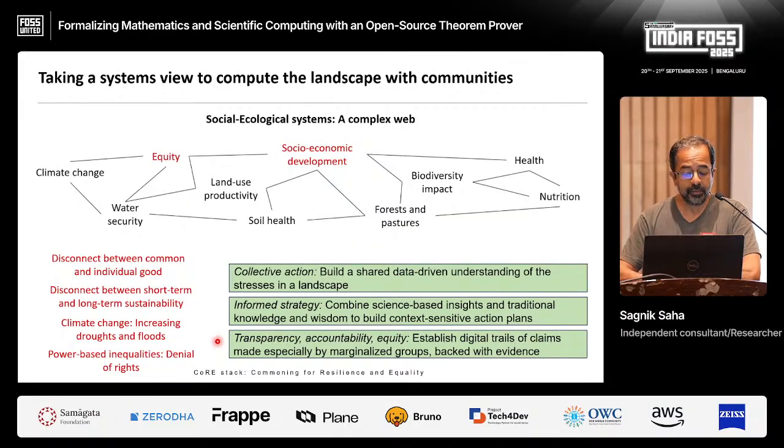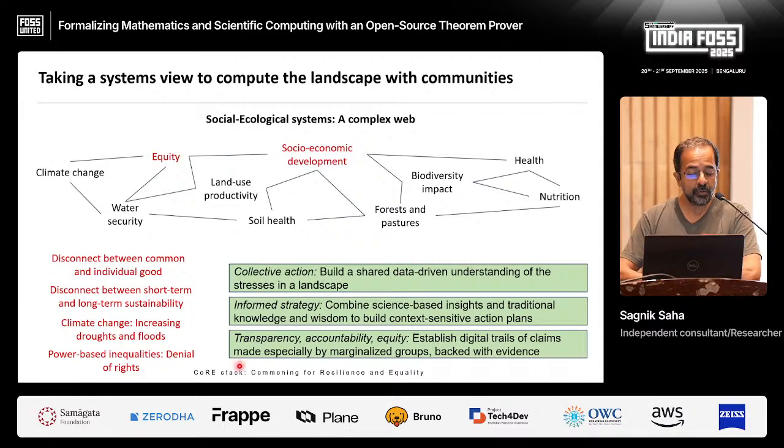So one is around making sure that marginalized groups are served. Why is there so much focus on individual good? A lot of it stems from inequality. And why is there so much inequality? Why is it not going away, even though we have affirmative action and so many things? It's largely because the power structures are still very imbalanced.